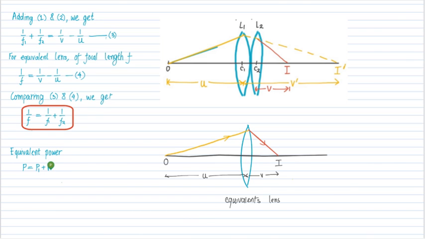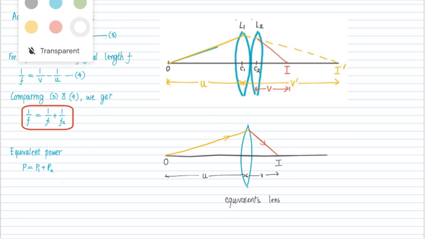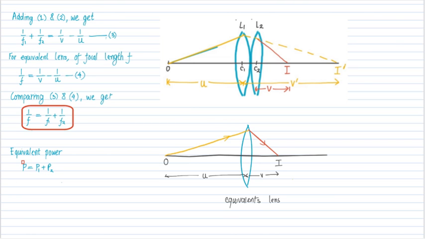Therefore, the equivalent power can be written as P1 plus P2, where P1 is the power of lens L1 and P2 is the power of lens L2. So this is the formula for equivalent power.